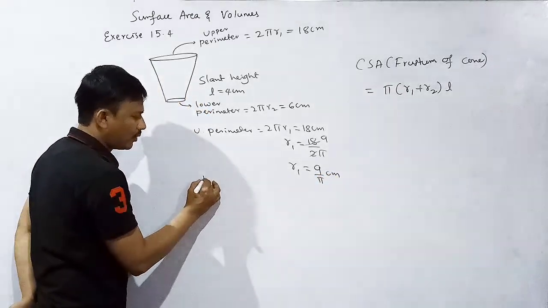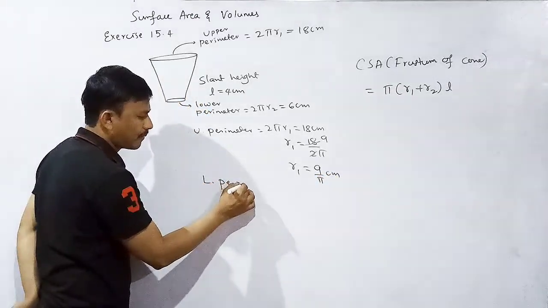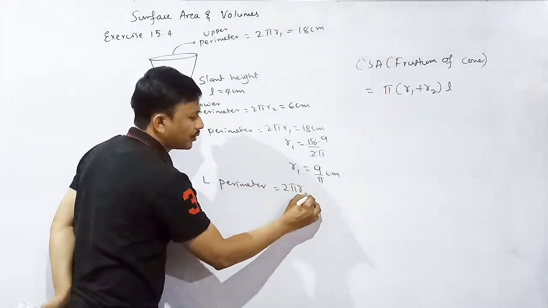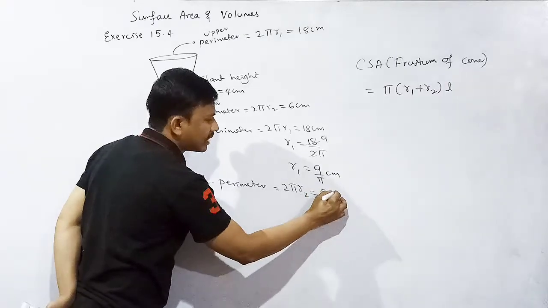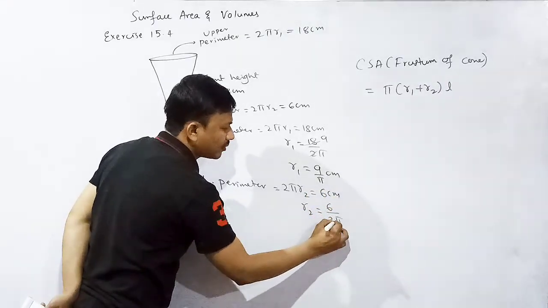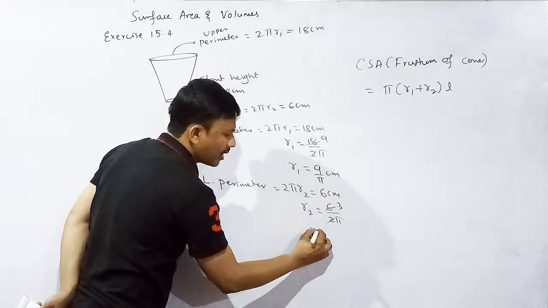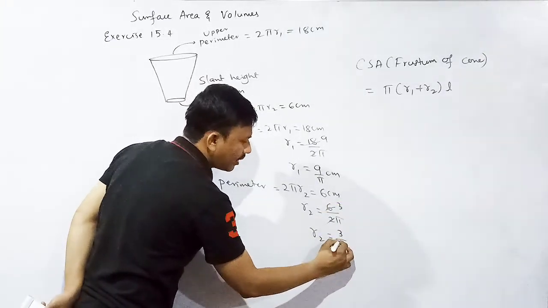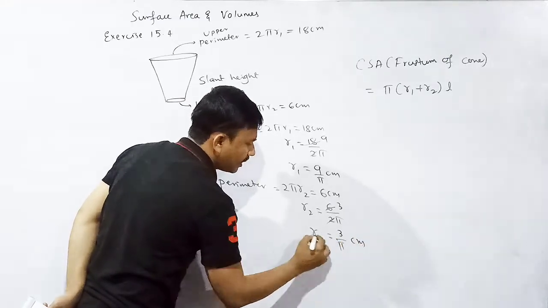Then the lower perimeter: 2 pi R2 is equal to 6 centimeter. Therefore R2 is equal to 6 divided by 2 pi. 2 1s are 2, 3s are. R2 is equal to 3 divided by pi centimeter.